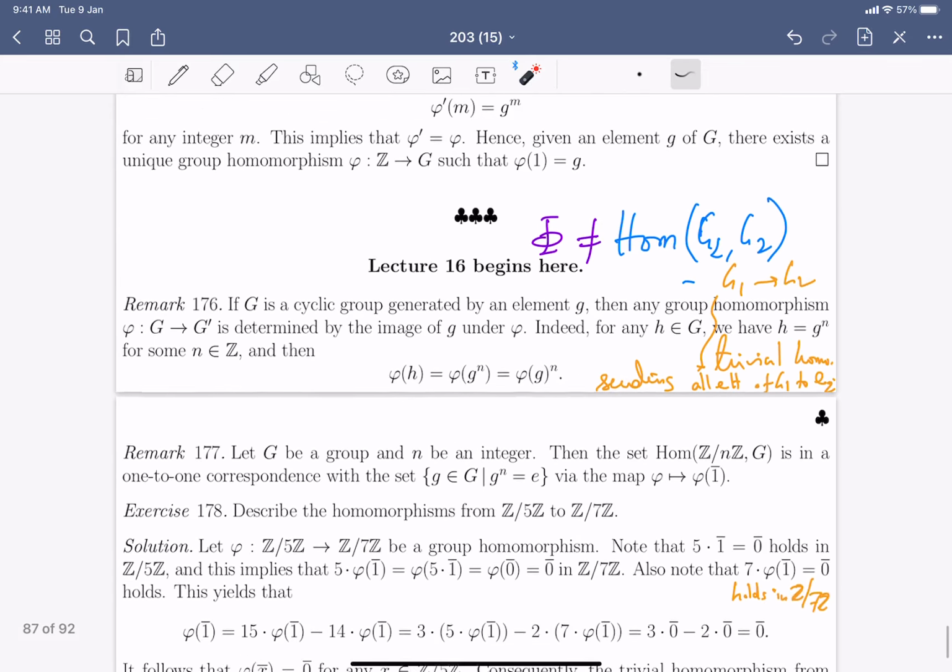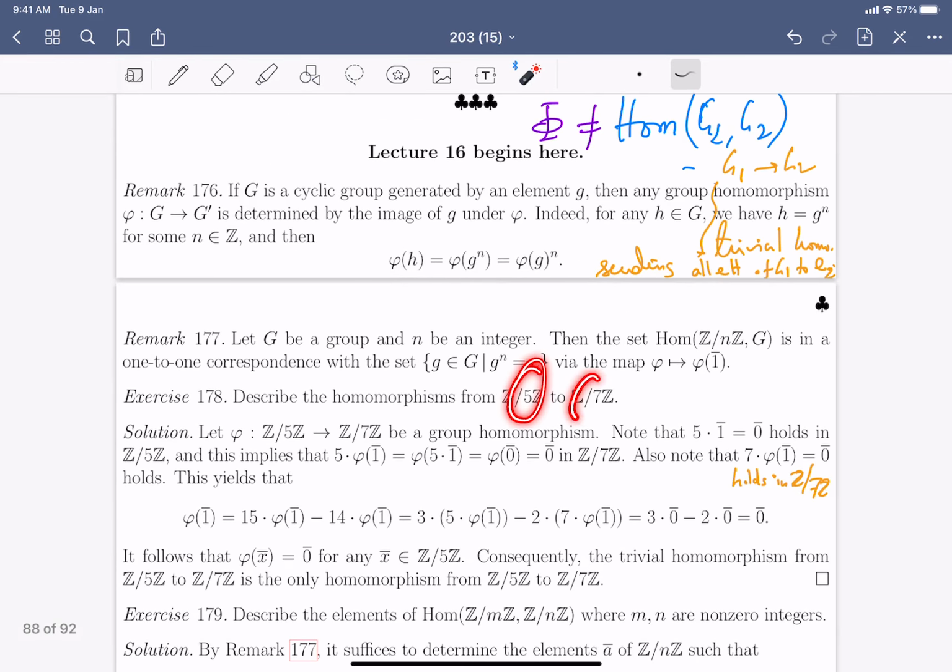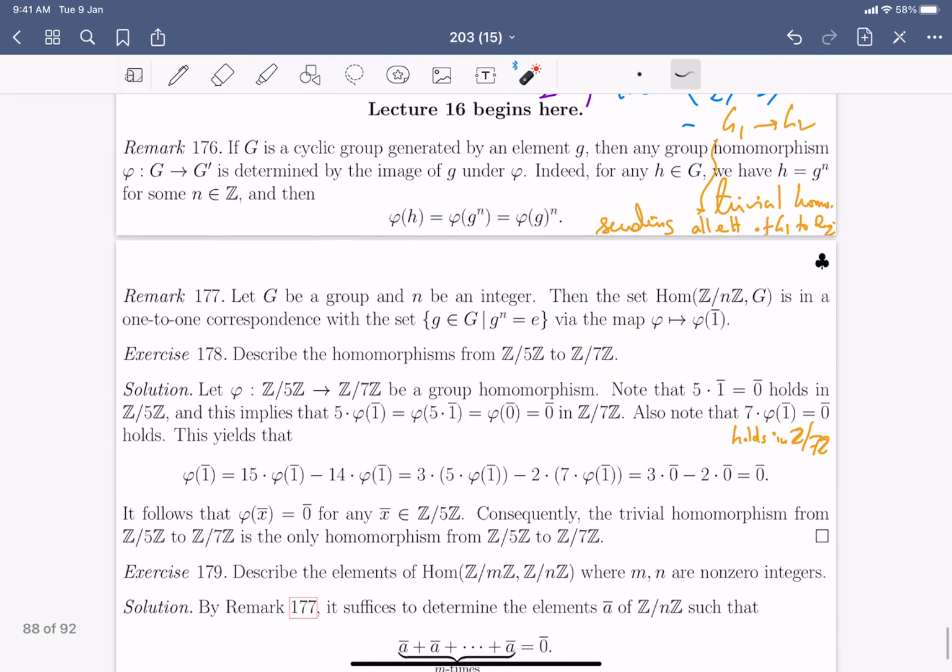In the previous example, we had m equal to 5 and n equal to 7, so the GCD is equal to 1, and you had exactly one homomorphism. We know the trivial homomorphism is one homomorphism, so there is nothing else.